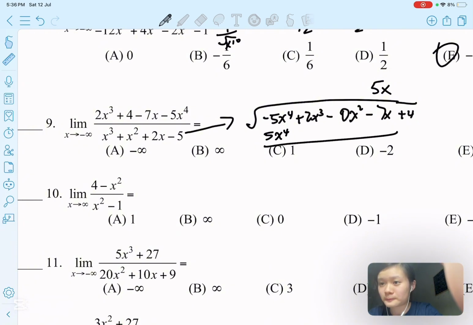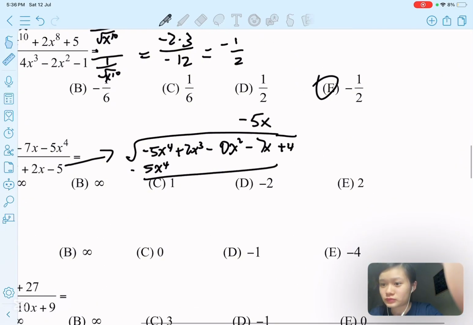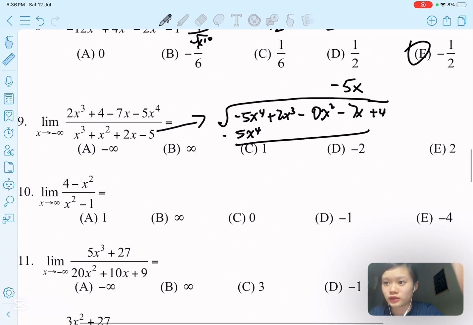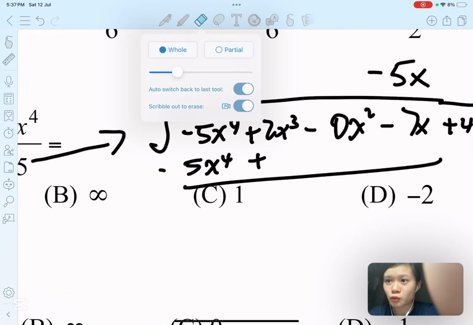Okay, so that is 0, and then you have, so I'm just going to do it a quick way.